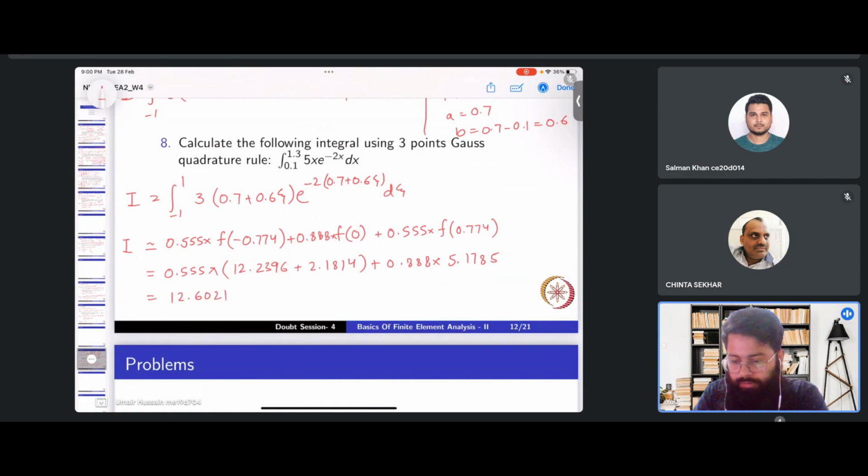Just to verify, we'll also try to solve this using a calculator. The exact value: 5 times x times e to the power minus 2 times x, with the integration limit 0.1 to 1.3.